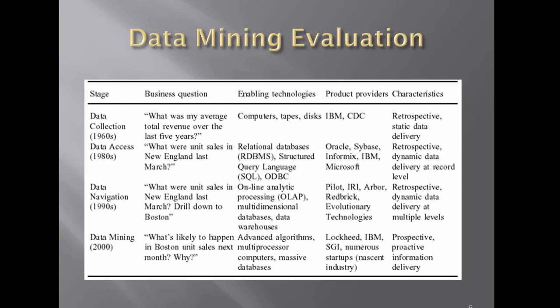Finally, in 2000, we advanced a bit, and we'd be able to use data mining to answer the question: what's likely to happen to Boston unit sales next month, and why? So this is already moving from retrospective to prospective. We're able to forecast based on trends. The enabling technologies were advanced algorithms, multiprocessor computers, and massive databases.